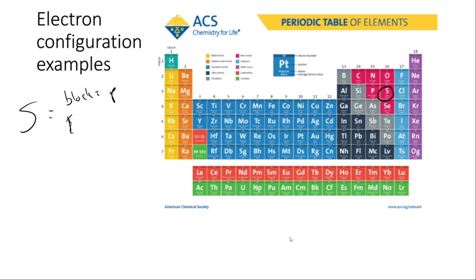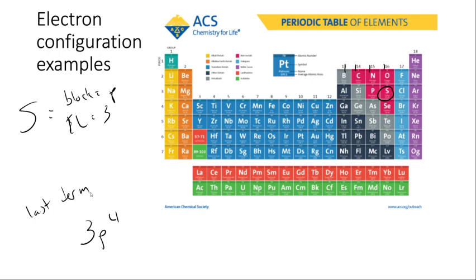The energy level, 3. So we know that the last term, right, is going to be 3p something. Then we count in from the end. 1, 2, 3, 4. So we know the last term, right, is going to be 3p4.